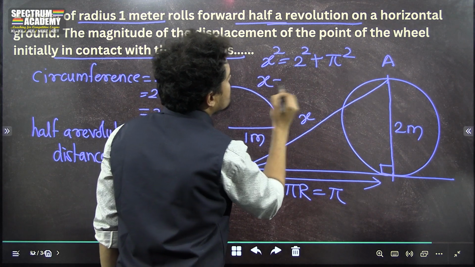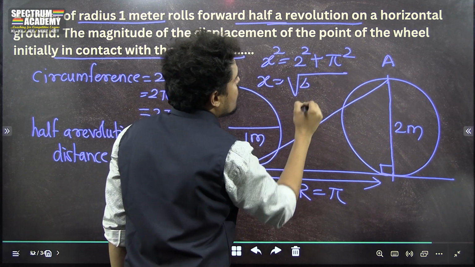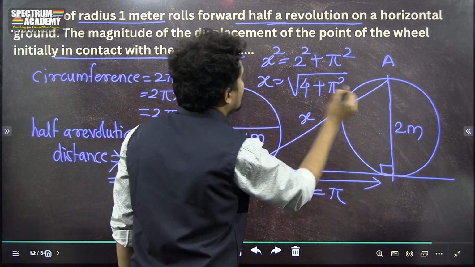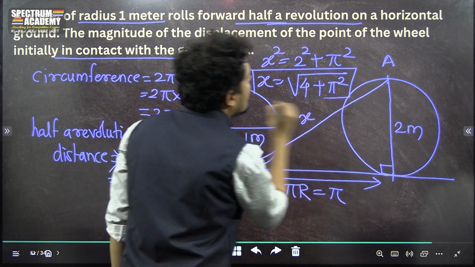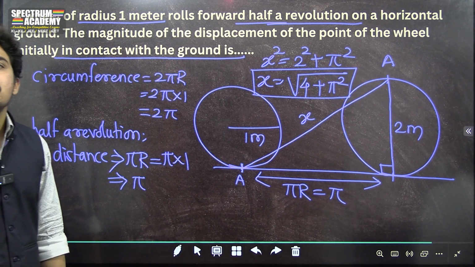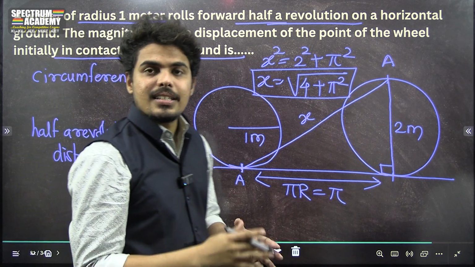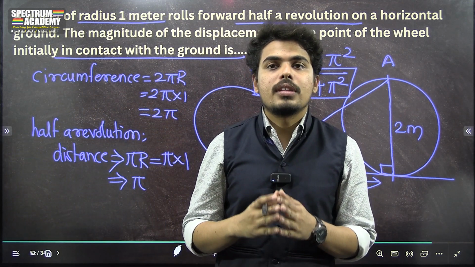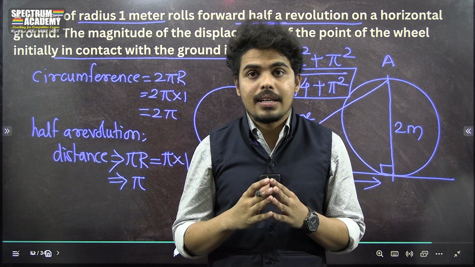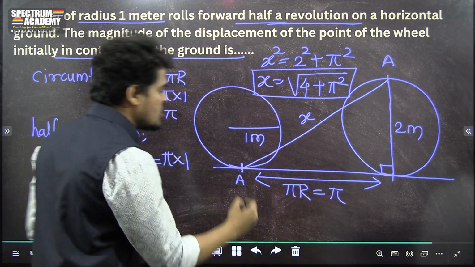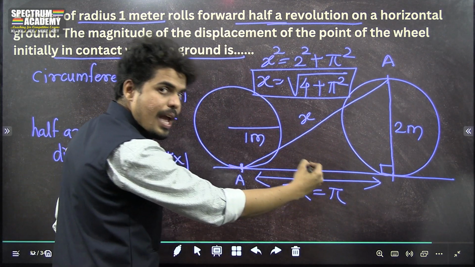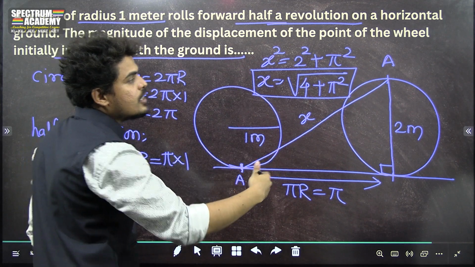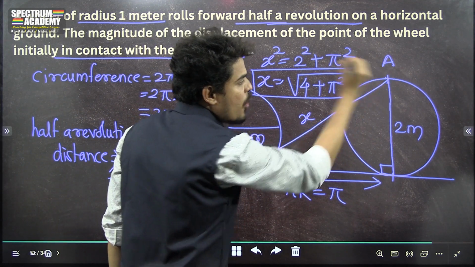So x equals to under root of 2 square 4, pi square is pi square, so x equals to under root of 4 plus pi square. So this is the final answer for the displacement of the particle, which is at position A with the ground, and after half revolution it is going upwards at this point.